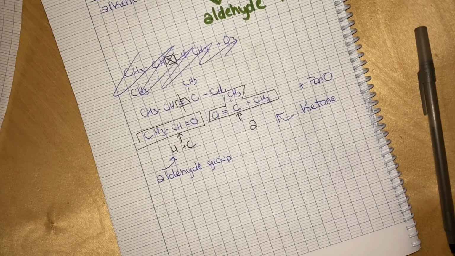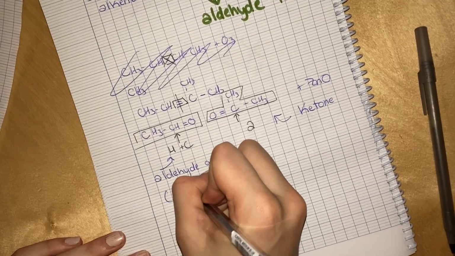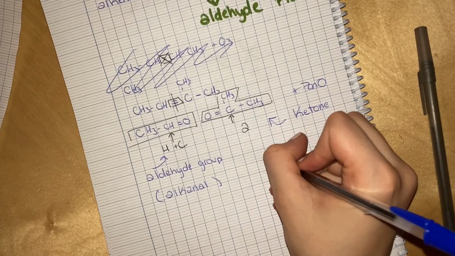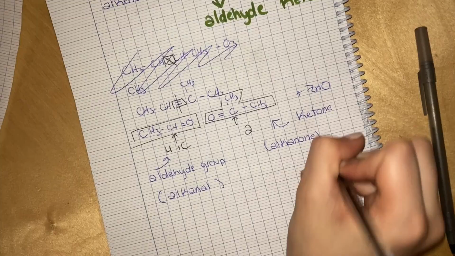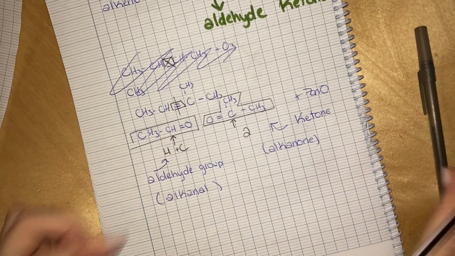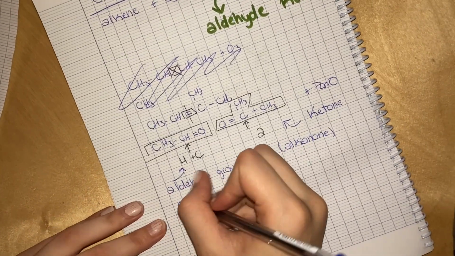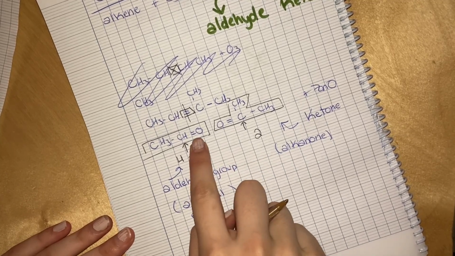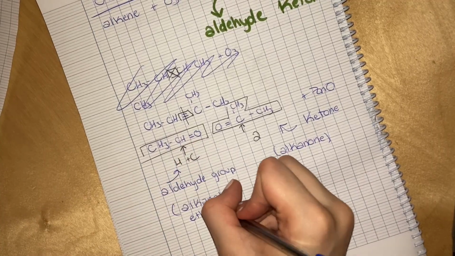So, an aldehyde group, how do you name it? You name it like this, alkanal. Ketone group, how do you name it? Alkanone. So, look at this. How many carbons do we have here? We have 2 carbons, which means it's ethane. But then as you can see, the O here is bonded essentially at an extremity, which means it's ethanal.